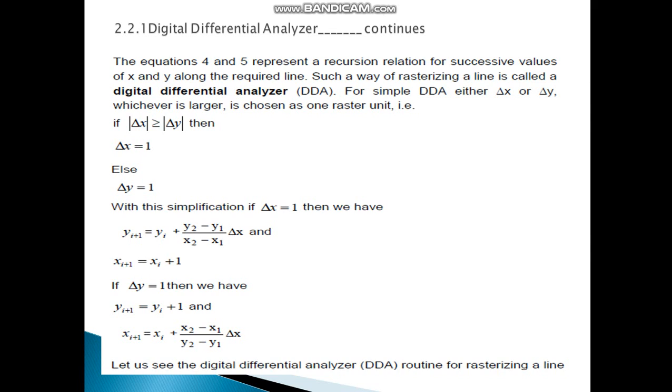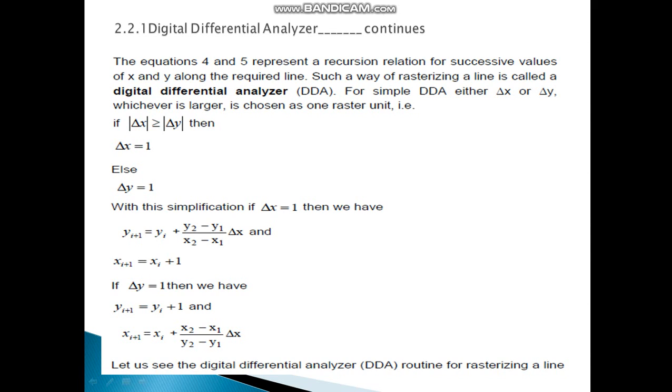Simplifying this equation, we get x2, that is the next point, is equal to previous point plus 1. Here x2 minus x1 is equal to 1. Then we simplified this equation, that is the next point is equal to previous point plus 1.